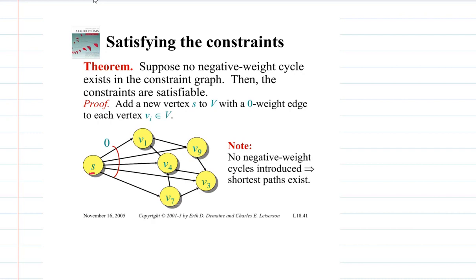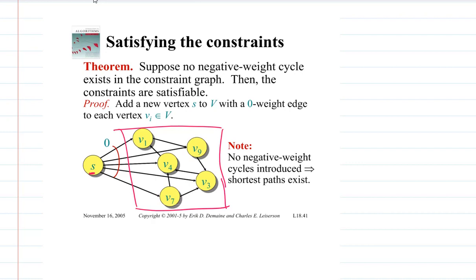Before going into that, let me answer one question: whether adding this s, or connecting this s with all the vertices with edge weight 0, will introduce a negative weight cycle in the initial graph. Yes or no? The answer is no, because these edges are unidirectional. They start from s and go to v1. There is no edge which takes you back to s.